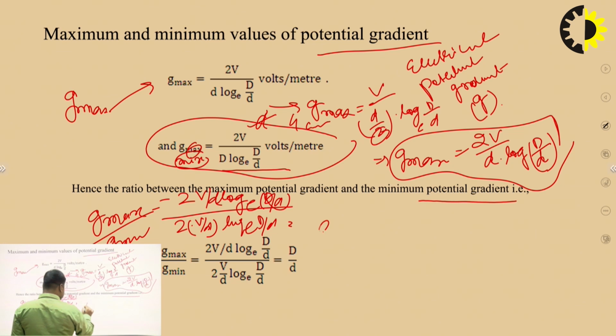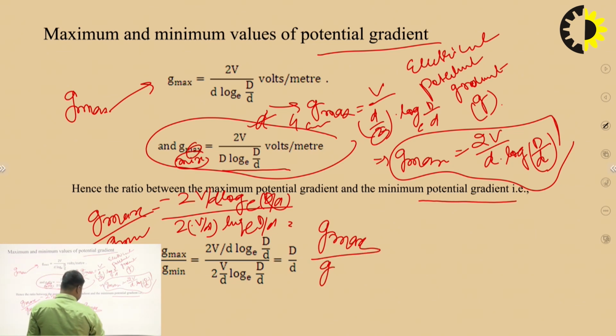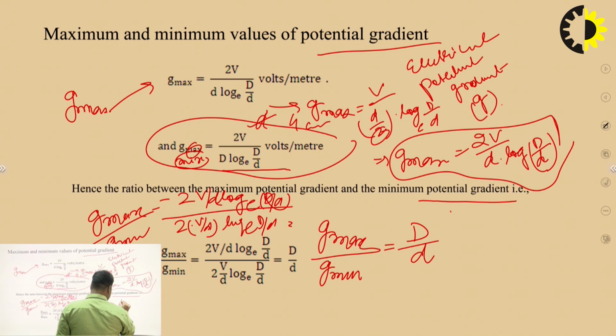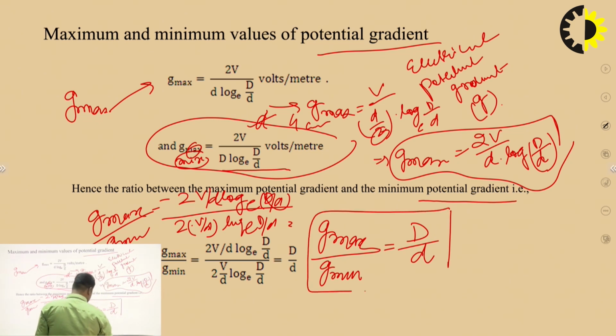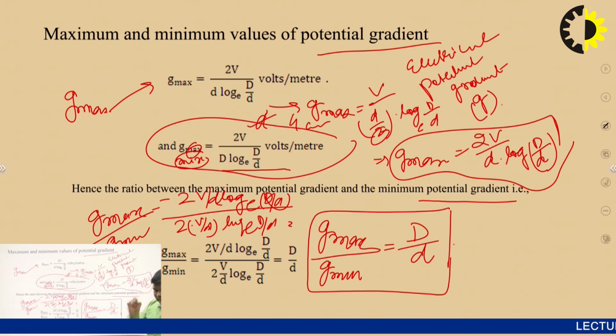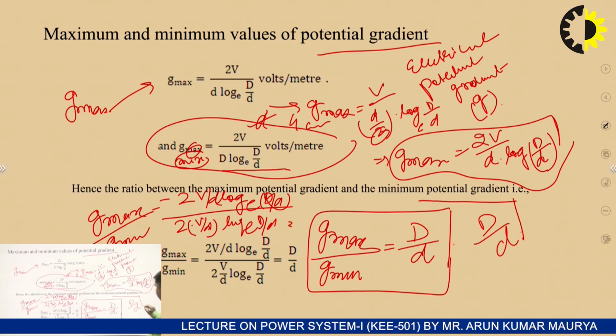So G max divided by G minimum is a very important relationship, and the ratio comes out to be capital D by small d.